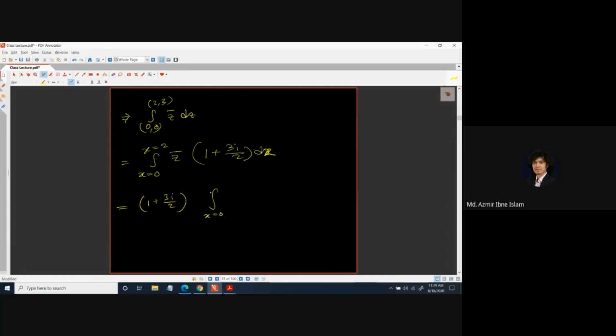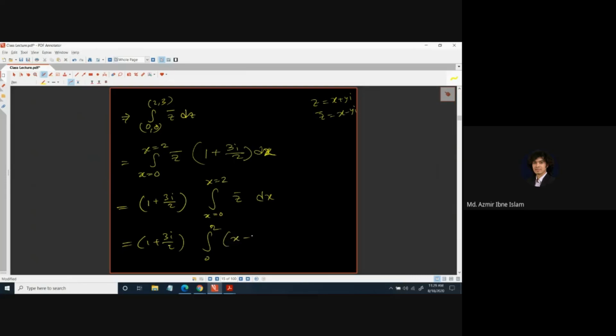Integration from x equal to 0 to x equal to 2, z bar. So now what will be z bar? If you understand clearly, you can write directly, no problem. If z equal to x plus yi, then z bar will be x negative yi, obviously.